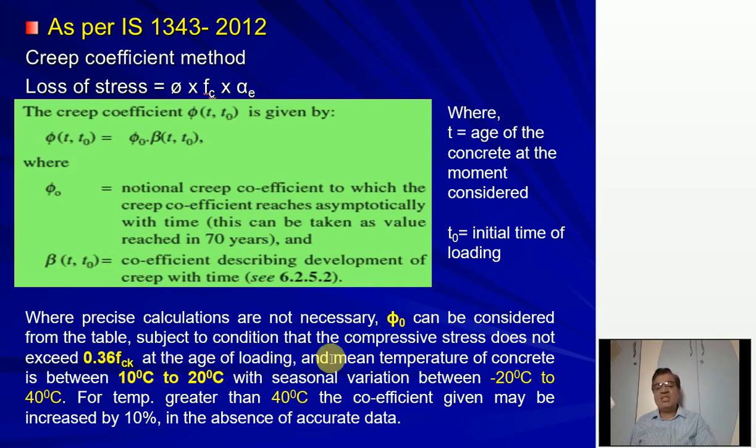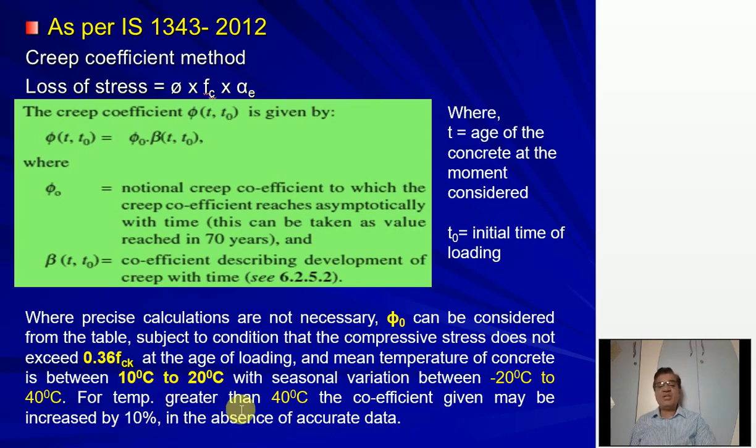Subject to the condition that compressive stress does not exceed 0.36 FCK. So this is the value which we consider in the stress block at the age of loading, and the mean temperature of concrete is between 10 degrees Celsius and 20 degrees Celsius. So this is the range of temperature which is given, with seasonal variation between minus 20 degrees Celsius and 40 degrees Celsius.